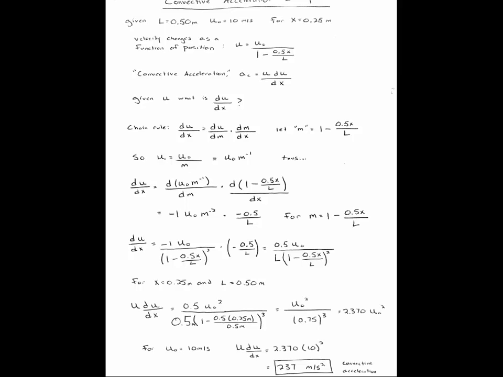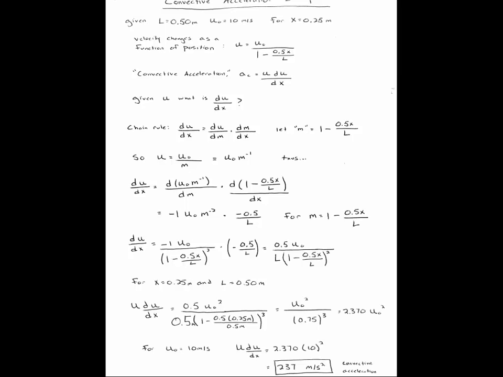So this denominator is kind of complex. It's got x and L in it. And so we're just going to say, let's have that whole denominator equal this new variable m, just temporarily. And then we'll make the substitution again after we've taken the first stab at it.